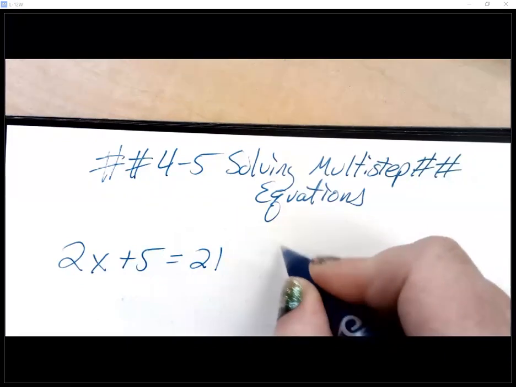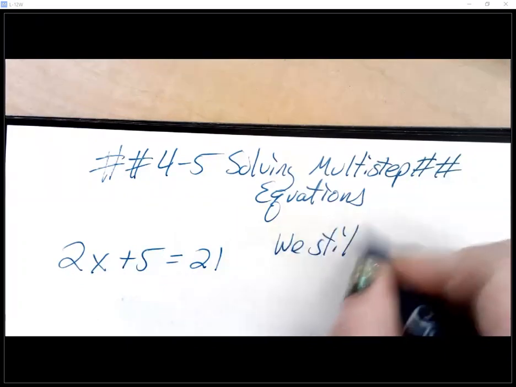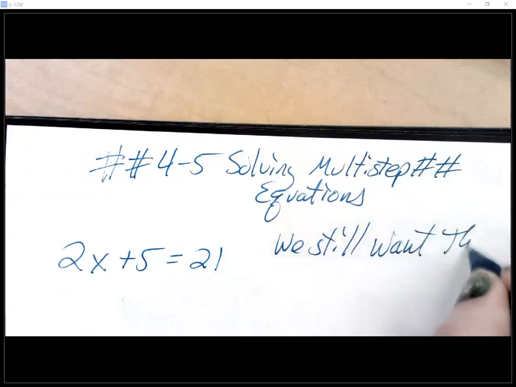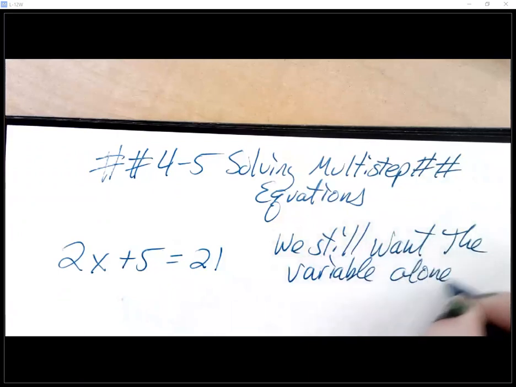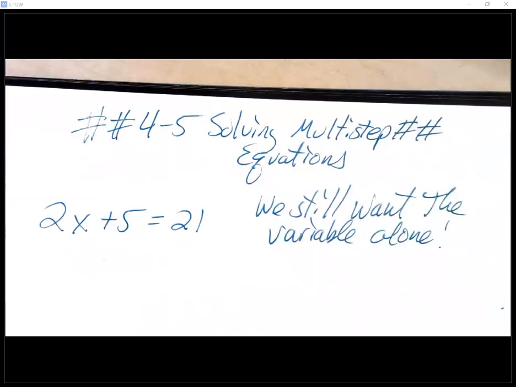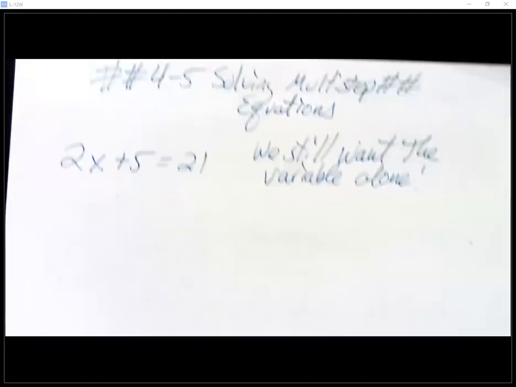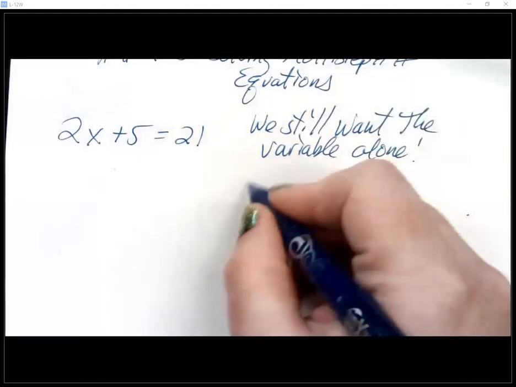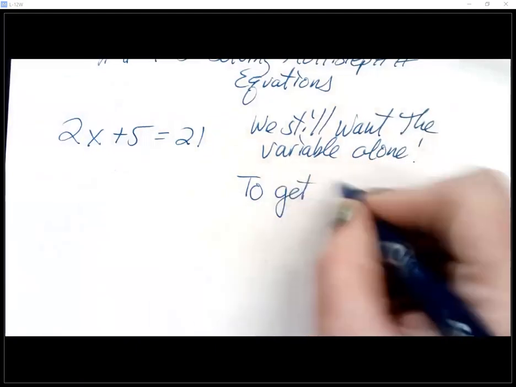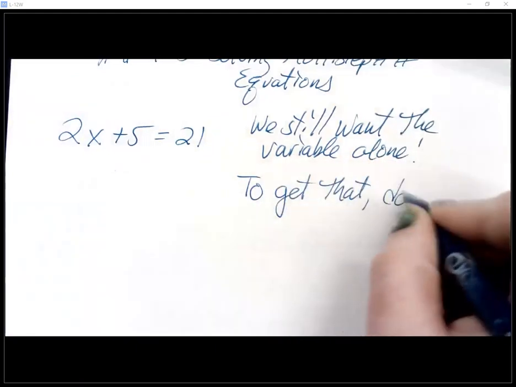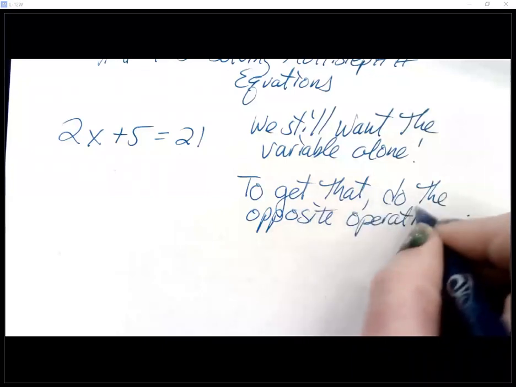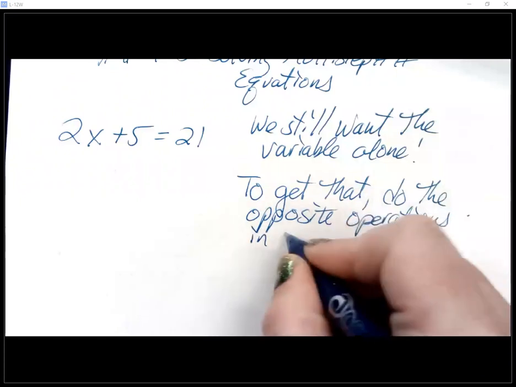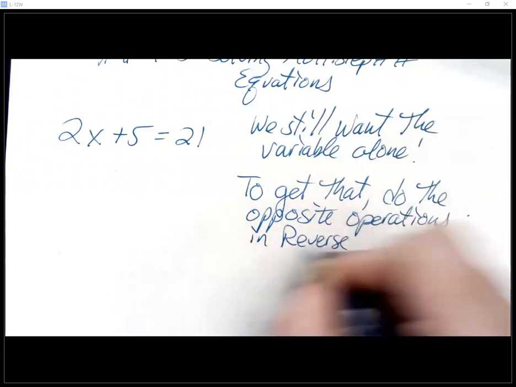We still want the variable alone. And we're still going to get that by doing the reverse operations. To get that, do the opposite operations in reverse PEMDAS order.